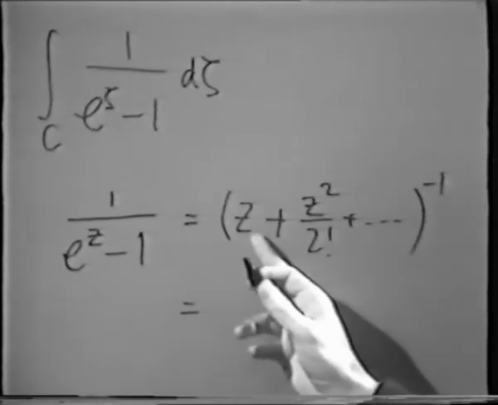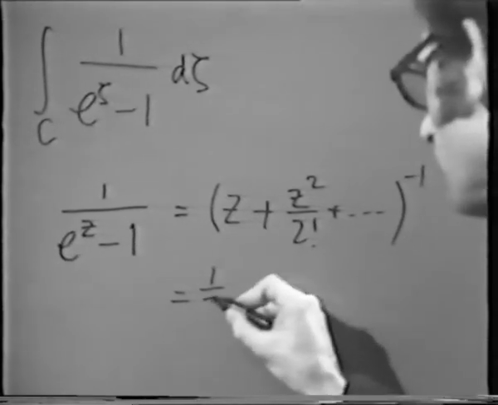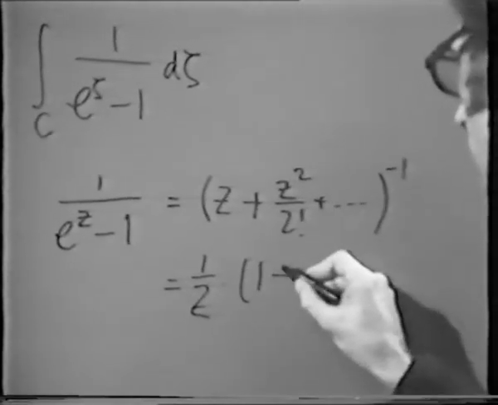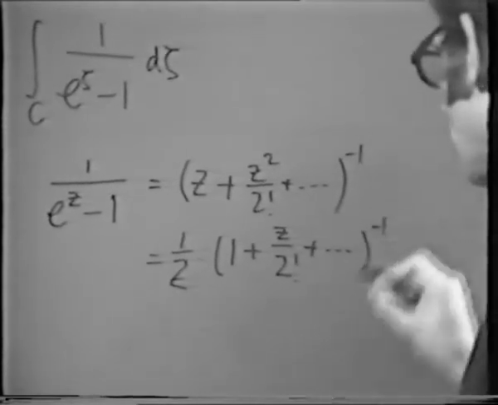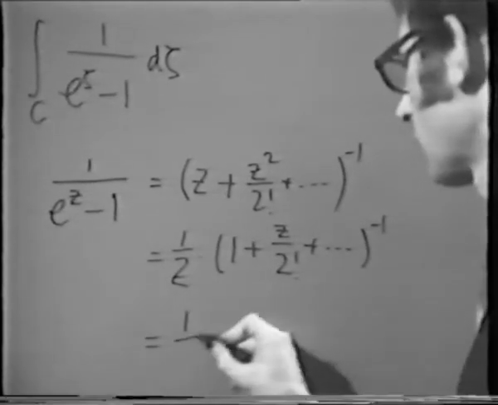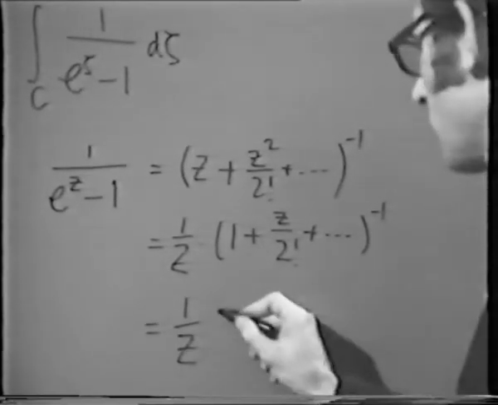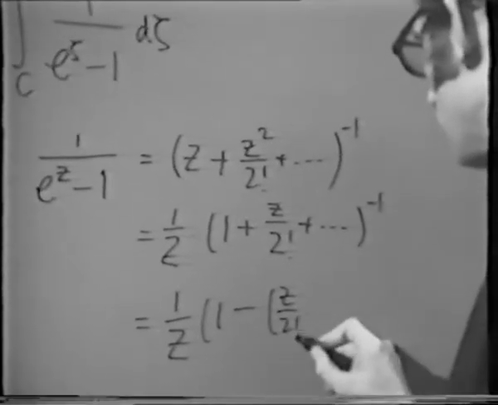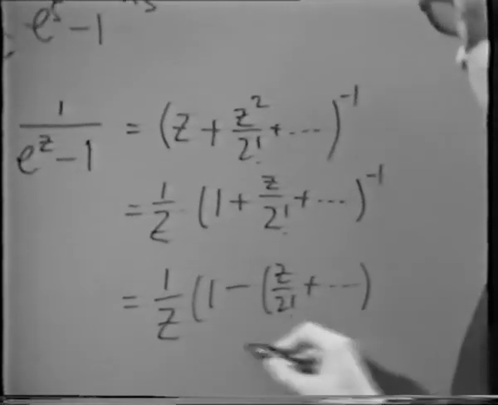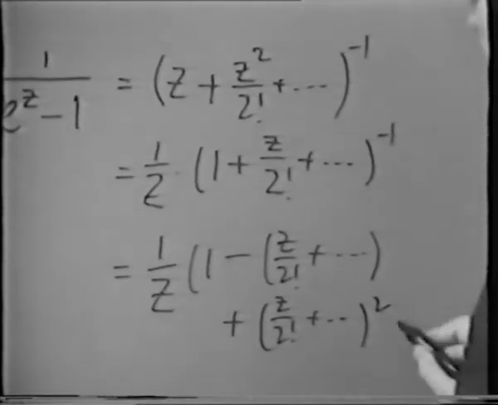I can take out a factor z. Remember, it's raised to the power minus 1, so it's 1 over z times 1 plus z over 2 factorial, and so on, all to the power minus 1. I can expand this power series, raised to the power minus 1, would be 1 minus z over 2 factorial plus, and so on, plus z over 2 factorial, and so on, squared, and so on and so on.